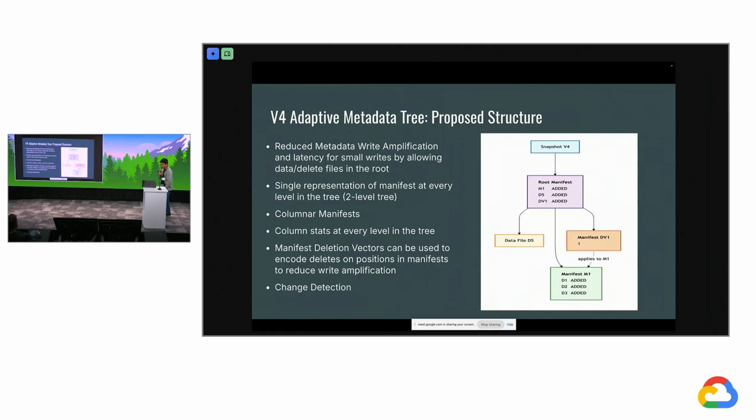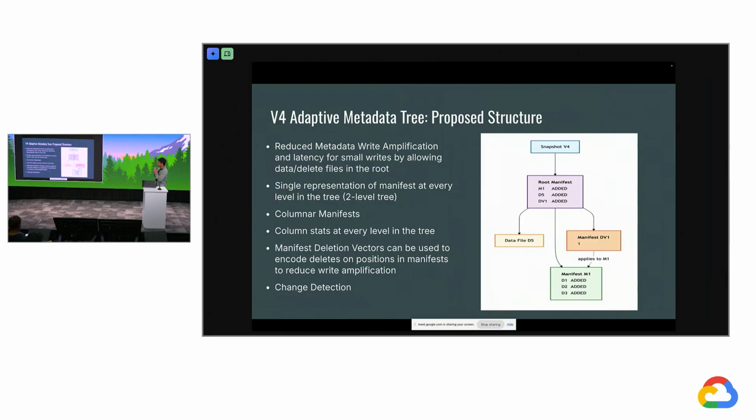So that gets us into the proposed structure for the V4 adaptive metadata tree. If we put everything I just said together, we're doing probably more metadata writes than we really need to for small writes. We could be doing better on the stats storage and the actual representation of manifests.